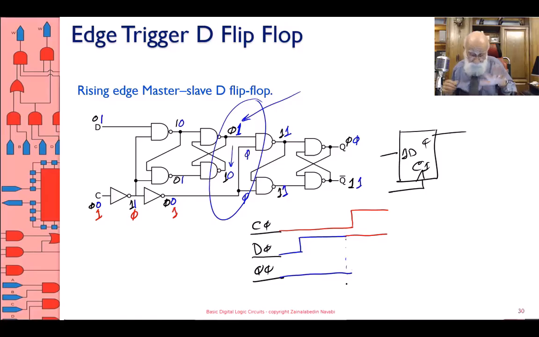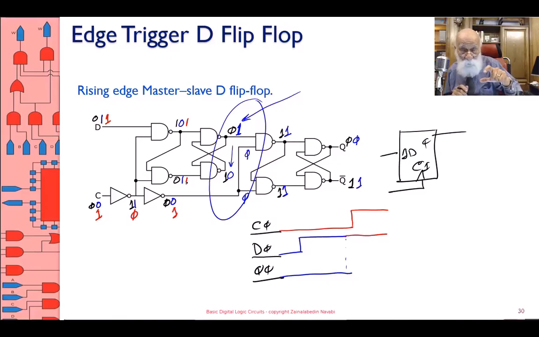What happens at this point, we don't know yet. And so here we are. C is 1 now. D continues to be 1. And I have a 1 here, I have a 0 here, I have a 1 here, a 1 here, a 0 here, I have a 1 here.